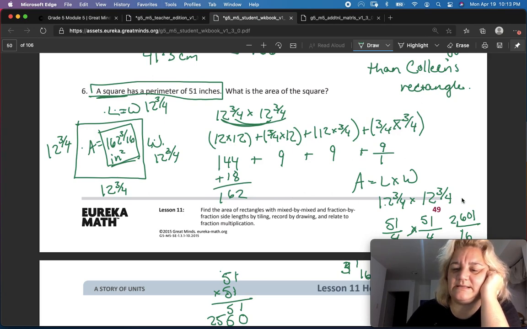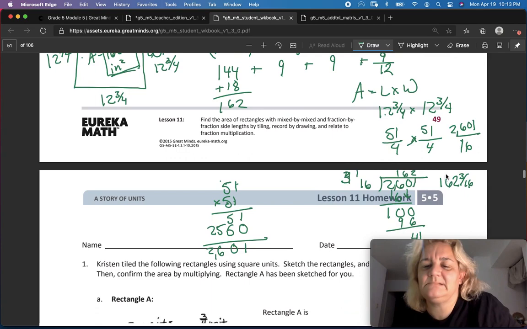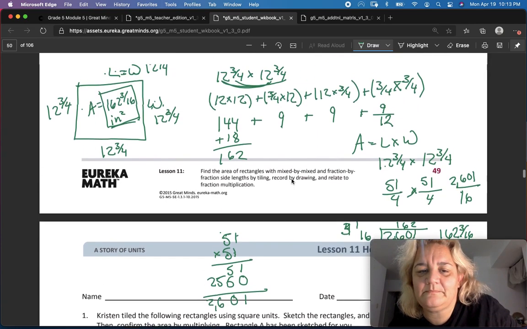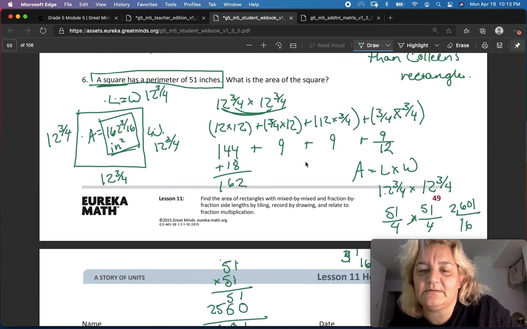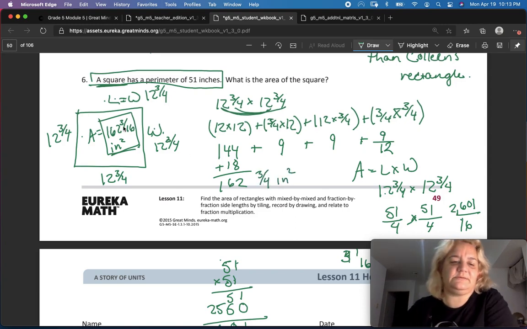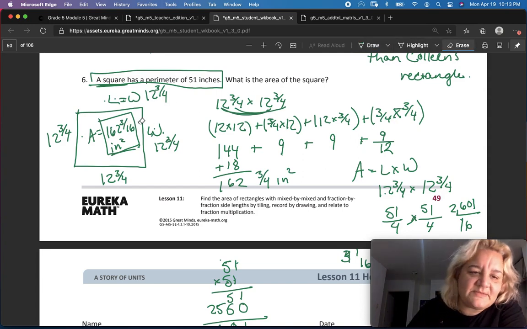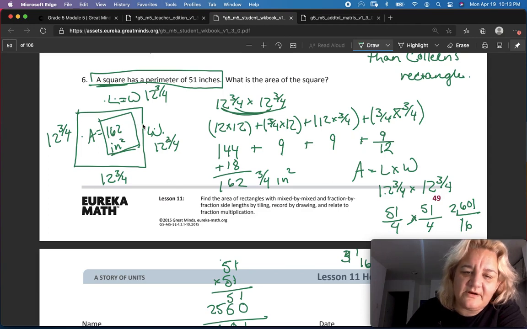And this says 9/12, which is not what I got over here. I made a mistake somewhere. I'm glad I checked my work. 9/12 would be 3/4, which is squared. So that is where I made my mistake right there. It's not 3/16. But I've already erased my work, so I can't go back and find out what I did wrong.